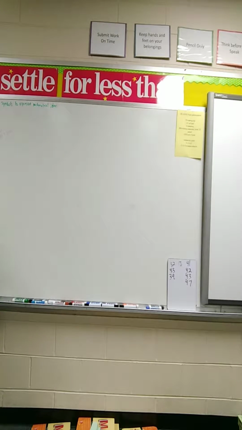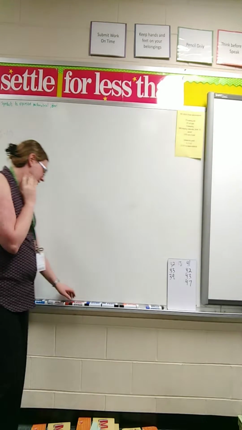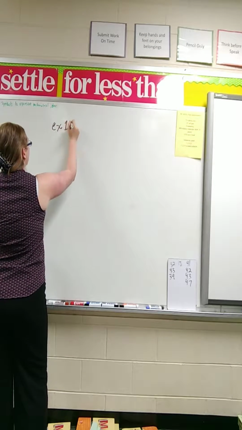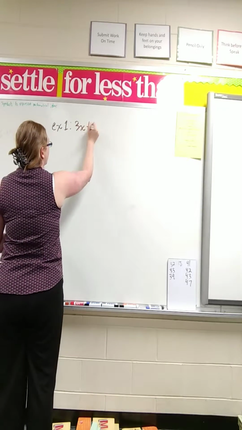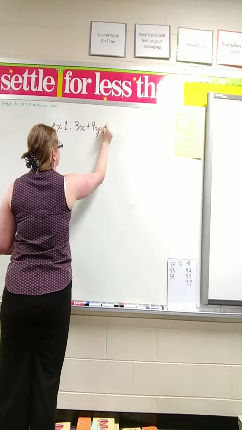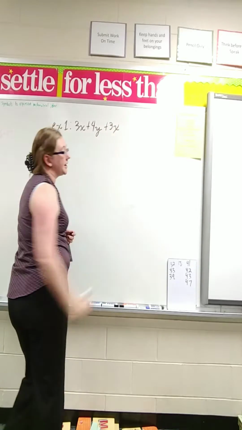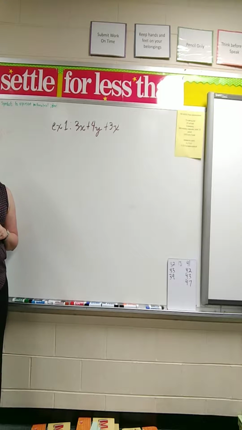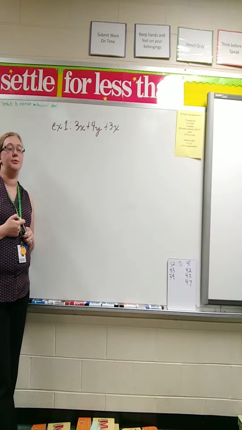If we had something like 3x plus 4y plus 3x. How many terms are present? Three. Why is it 3 and not 2?